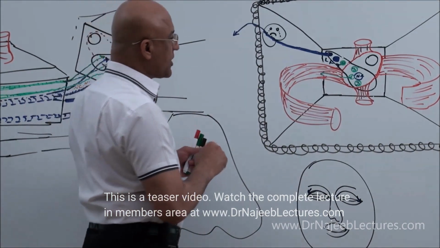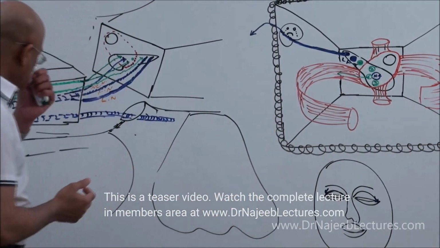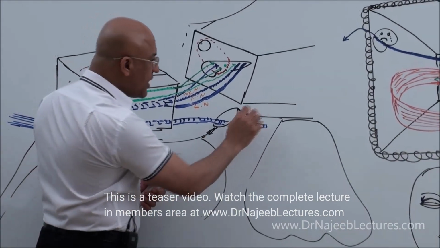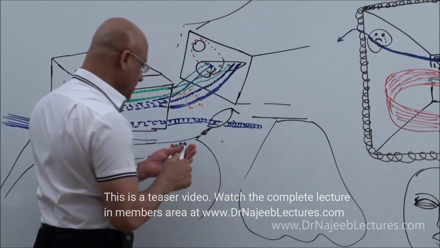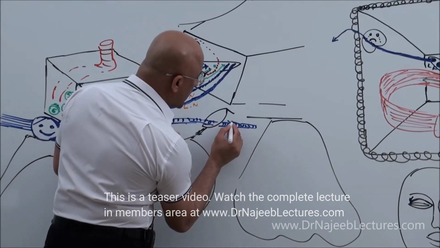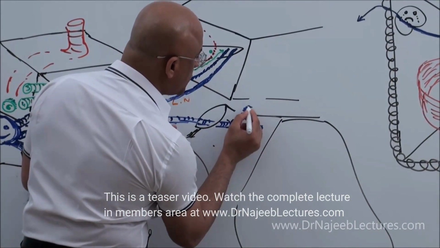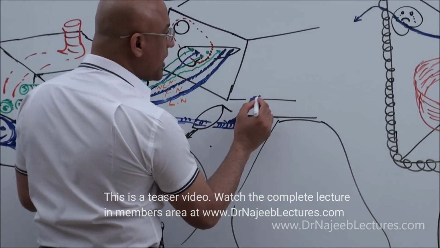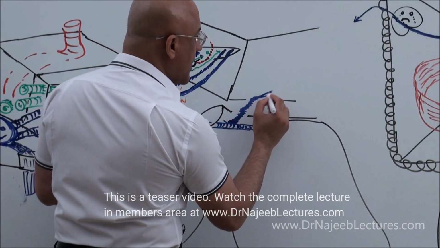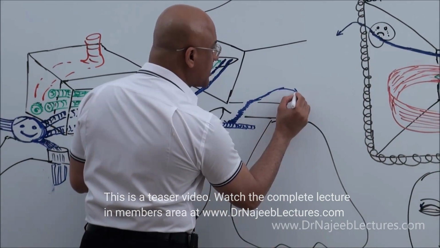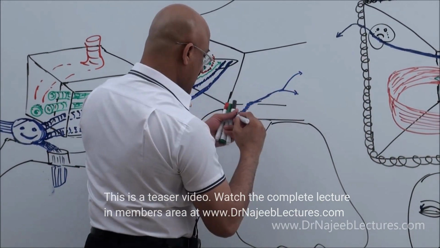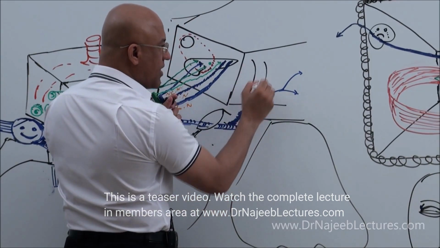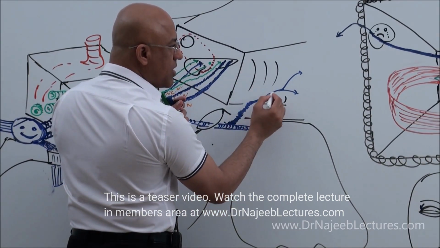But here is a very important thing. You remember, what is this nerve passing through here? Maxillary nerve. The maxillary nerve gives a branch here, which is called the zygomatic nerve, and it passes through the inferior orbital fissure. And this zygomatic nerve, as it is passing, goes inside the orbit along the lateral wall. This is the lateral wall of the orbit, right?